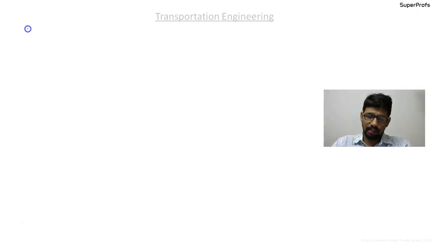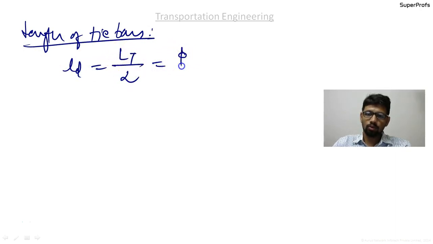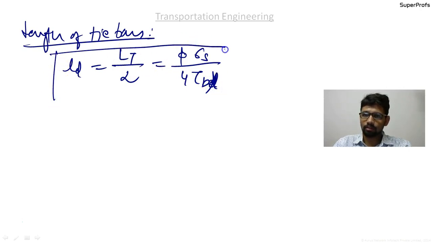So the length of tie bars, L suffix D equal to LT by 2, that is equal to phi sigma S upon 4 tau BD. So where this formula comes from is very important.